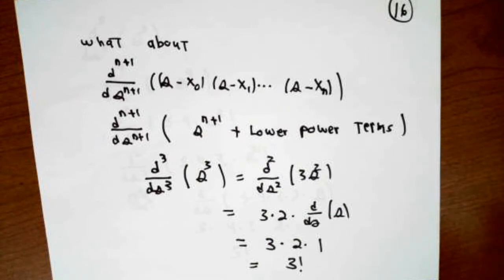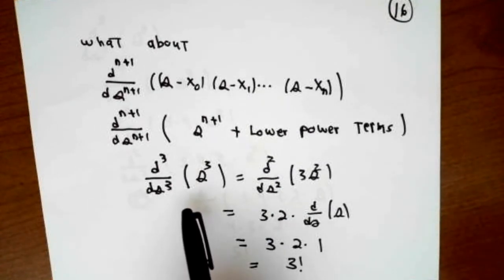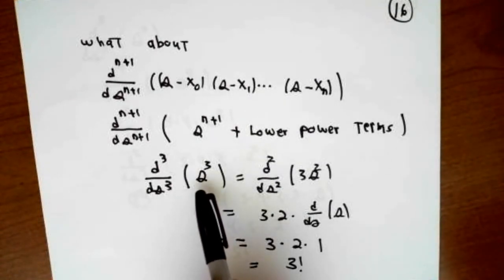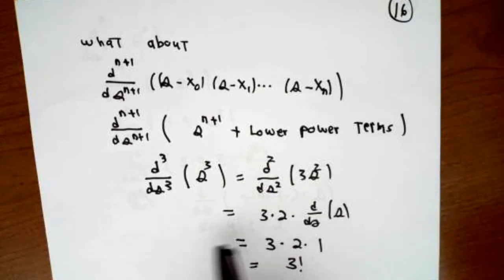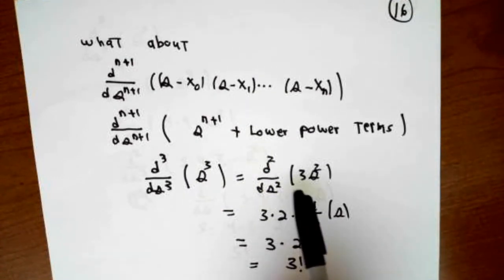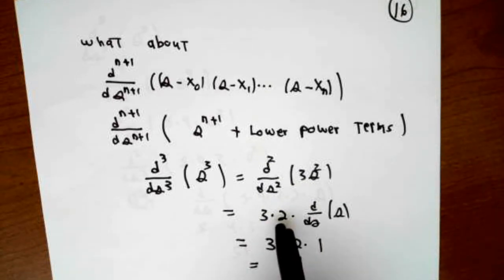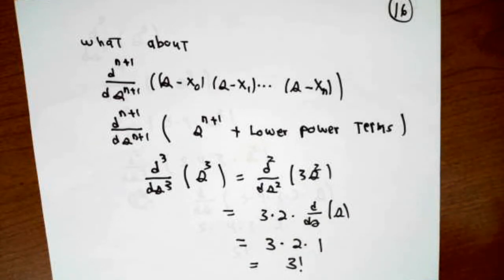So even though I'm not going to prove what I'm about to say, I want to at least convince you of it. The third derivative of s to the third power is the second derivative of 3s squared. This is 3 times 2 times the derivative of s with respect to s, which is 3 times 2 times 1, which everyone will recognize as 3 factorial.